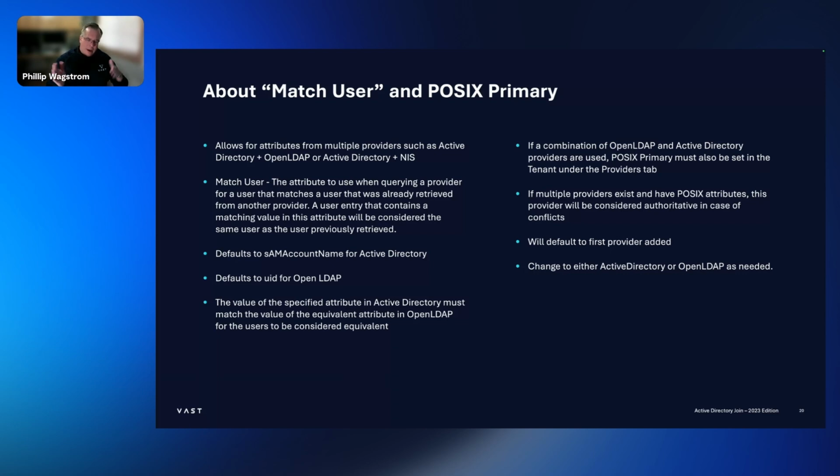Now the system knows that the Unix UID number of 12345 is the same as user PWAGs, which is the same as the Windows user PWAGs, which is me, and that is that SID. So this will be treated as the same user across both protocols. We can define which one is the primary.